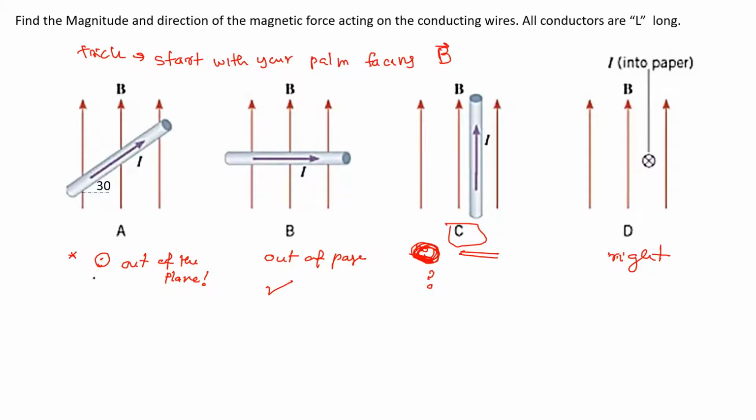So for the first one, we know force is given by current times the length, times B times sine theta. So can you tell me what is theta here? Is it 30 or something else? What is theta? Theta is the angle between B and I, right?